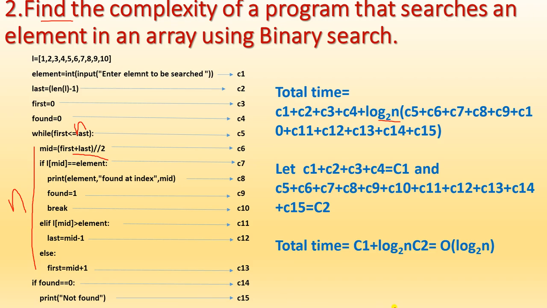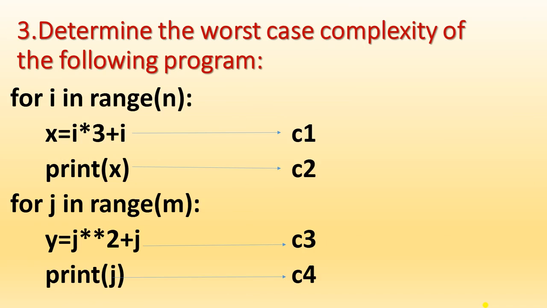Now this term log 2n is the dominant term. So the total time is O(log 2n). So this is the complexity of binary search. The dominant term is log 2n, that's why the complexity is log 2n.